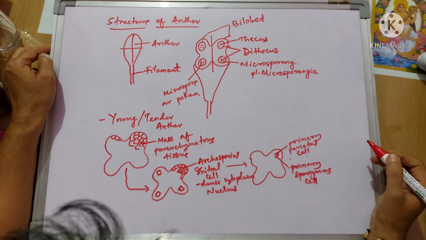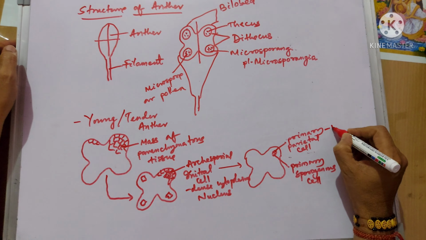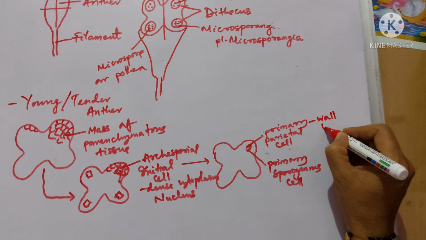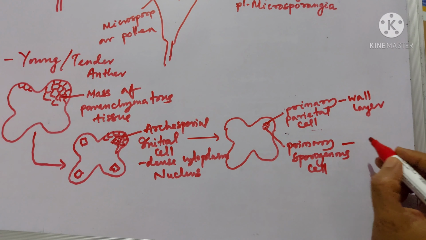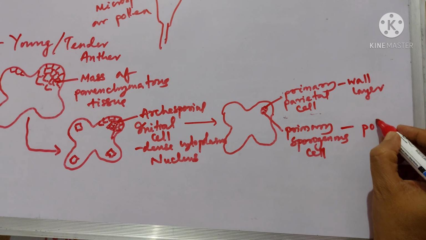The primary parietal cell produces the wall layer, and the primary sporogenous cells produce pollen.